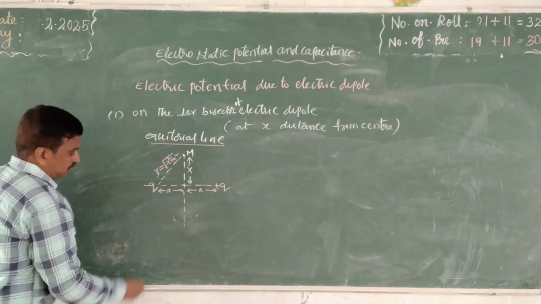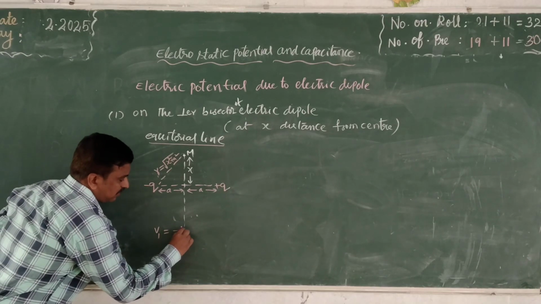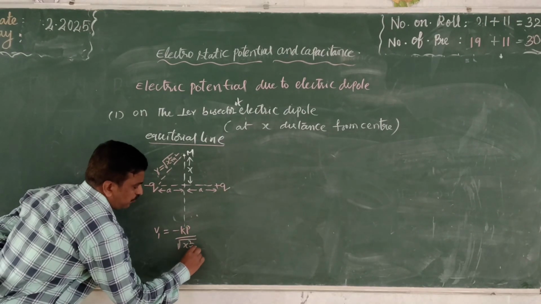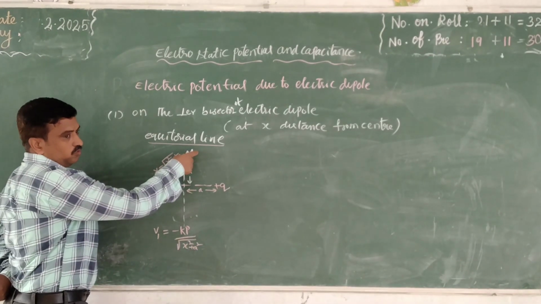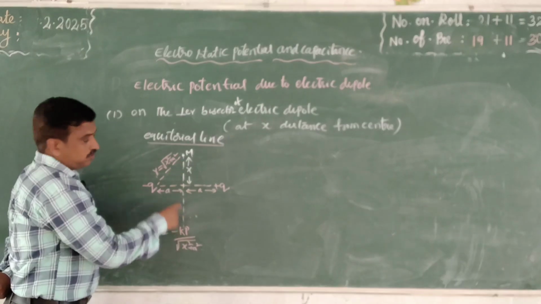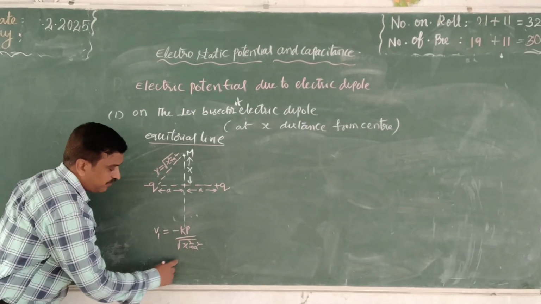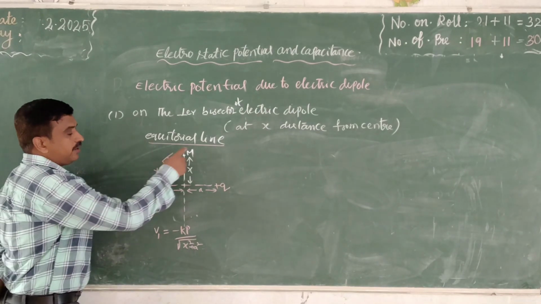The potential is actually kq by r, where r is root of x square plus a square. This is the potential due to minus q at point m.